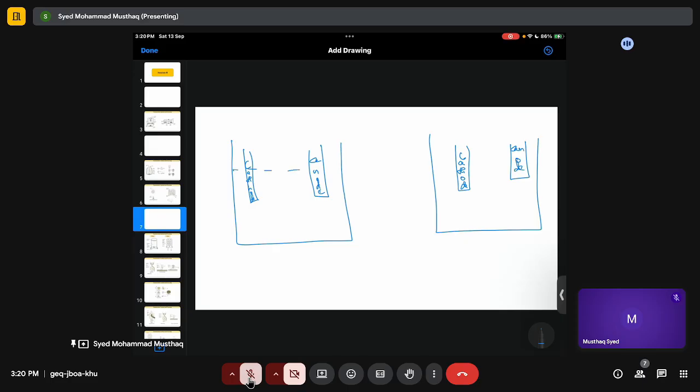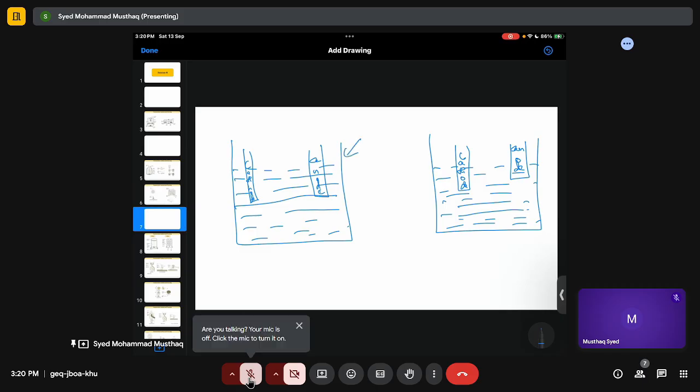And then you have solution. Same solution goes here also. So electrodeposition is used when you have a pure cathode and an impure anode.